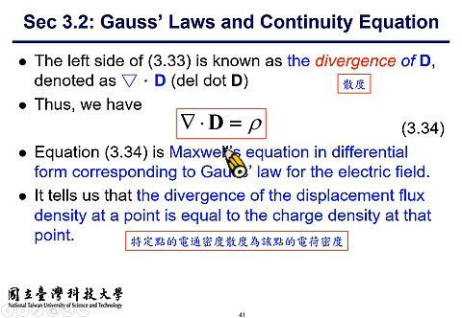So it says that the divergence of displacement flux density at a point equals the charge density at that point, which can be used to determine whether or not there is an electrical charge density residing at a specific point.